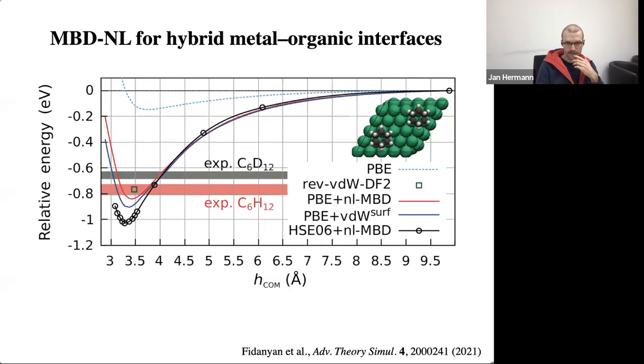So this is a calculation done by other people than us, but with this model that we developed. This is benzene adsorbed on a silver surface. And you can see that you get results. So this one here, the red curve, that would be our model. And you get something that's very close to the experimental binding energy of this molecule on the surface.